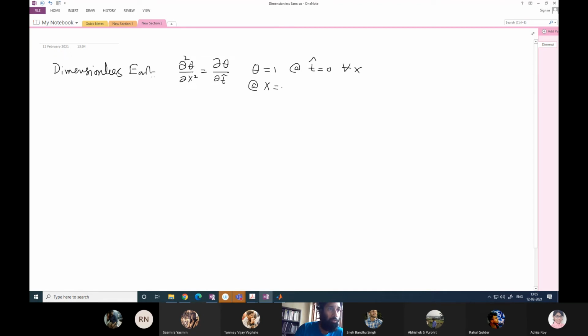At x equals 0 the condition is del theta del x equals 0, and at x equals 1 the condition is del theta del x equals minus Bio number times theta.